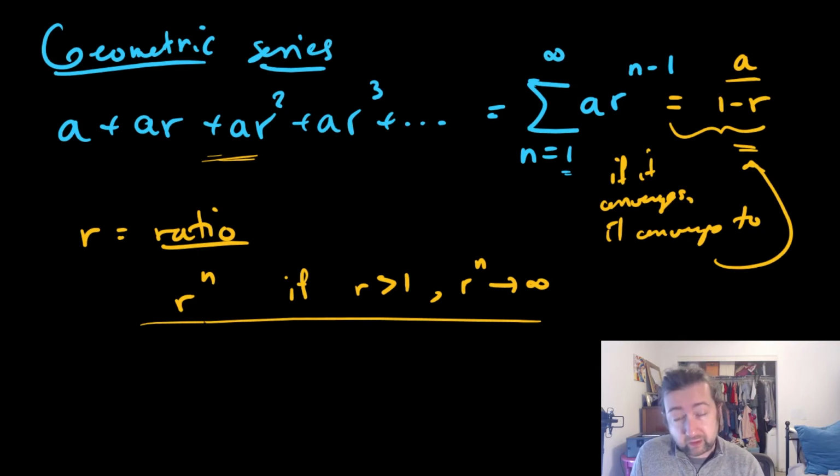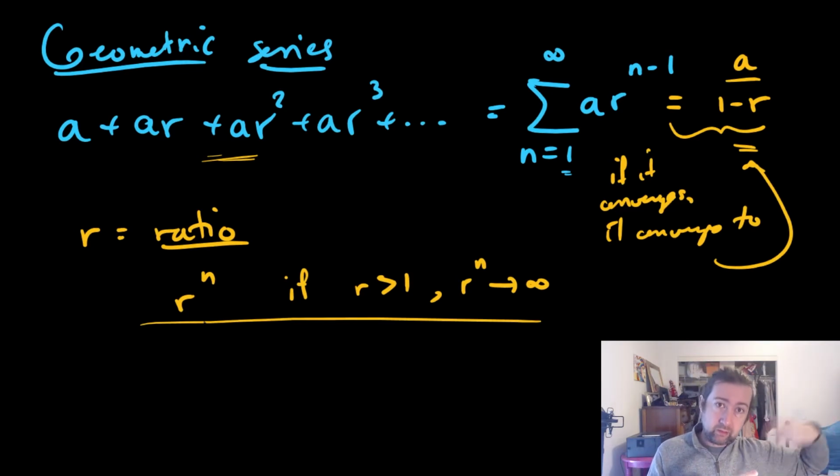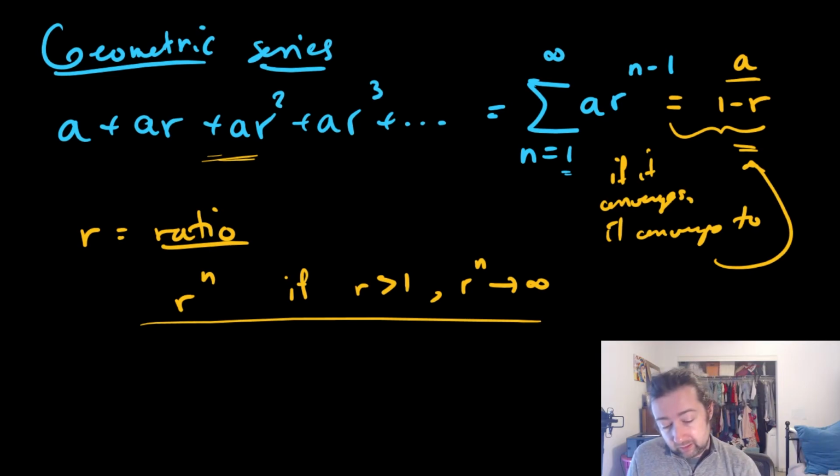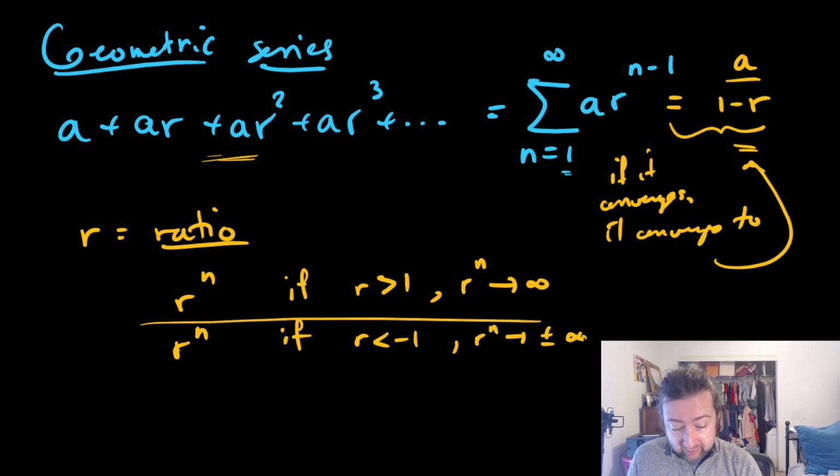And likewise for values of r that are less than -1. You'll get alternation as you multiply by a negative number. The signs will flip back and forth, but it's still getting bigger and bigger as it runs away. So if r is less than -1, then r to the n runs away to both positive and negative infinity, just with alternating signs.